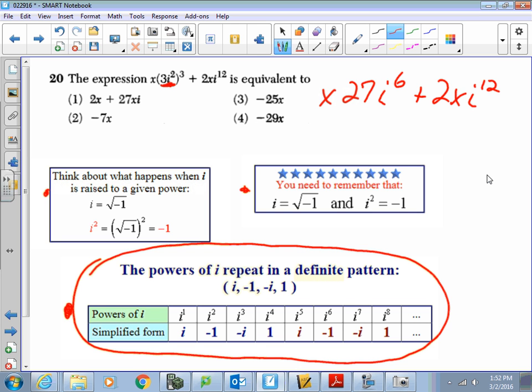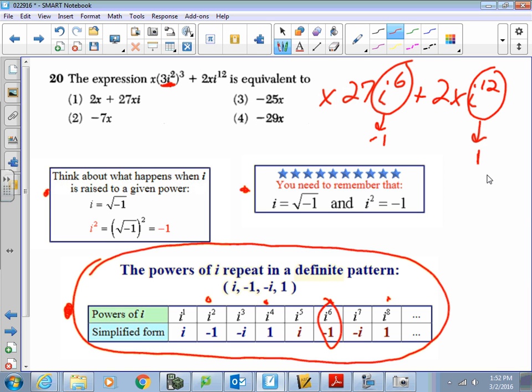If you look on the chart, i to the second is negative 1, i to the fourth is positive, i to the sixth is negative, i to the eighth is positive, i to the 10th would then be negative, i to the 12th would then be positive. So this i to the 12th is equal to just 1. And this i to the 6th, we can look right on the chart, is equal to negative 1.